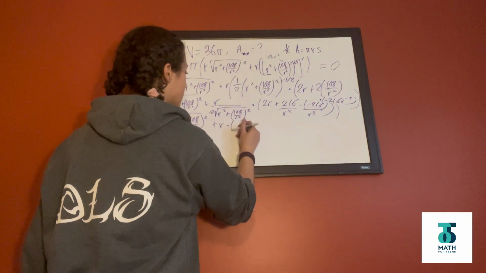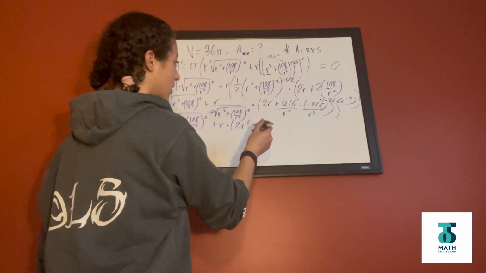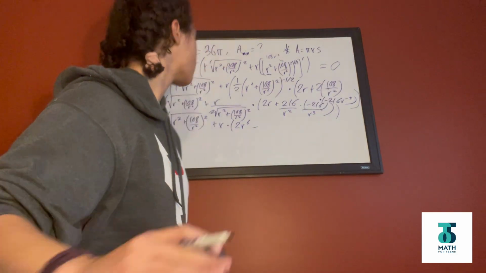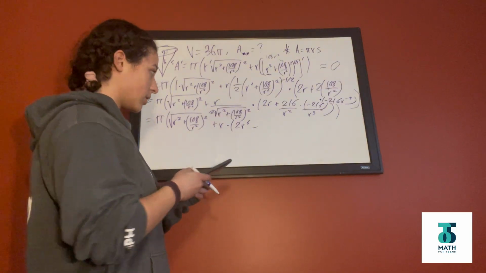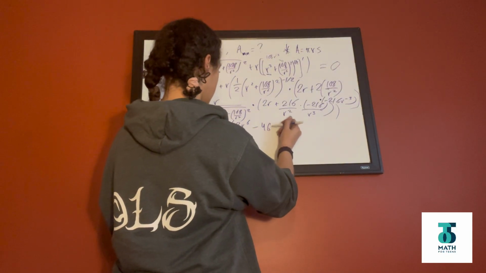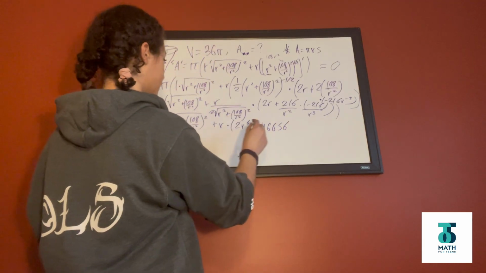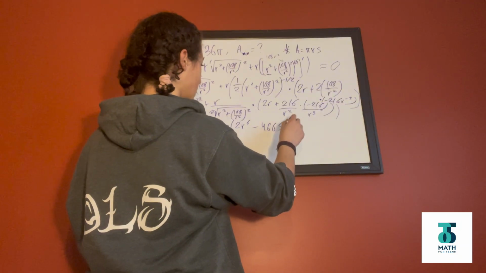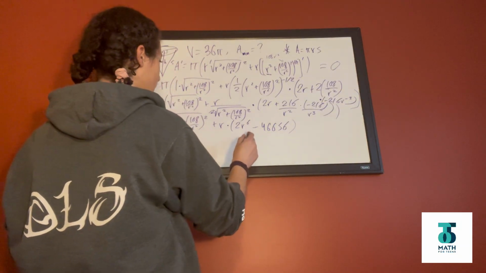So times 2r to the 6 minus 216 squared, so minus 46,656, and divided by r to the 5.